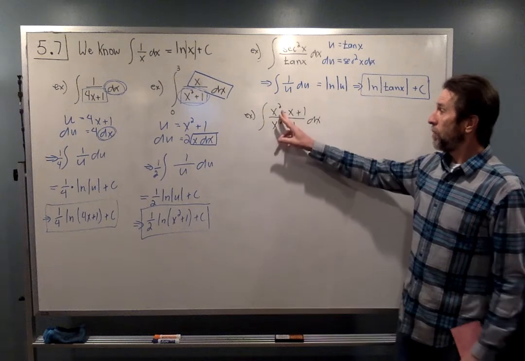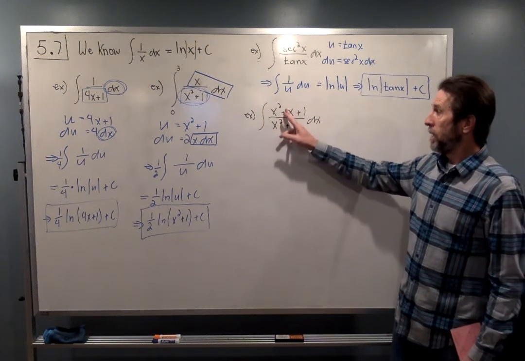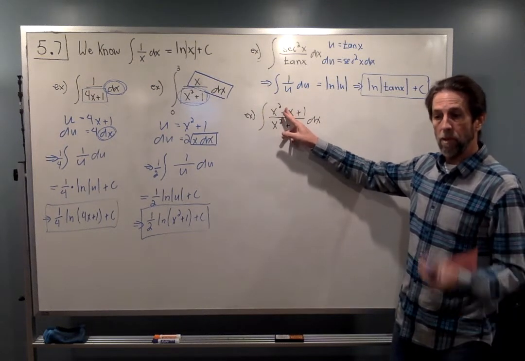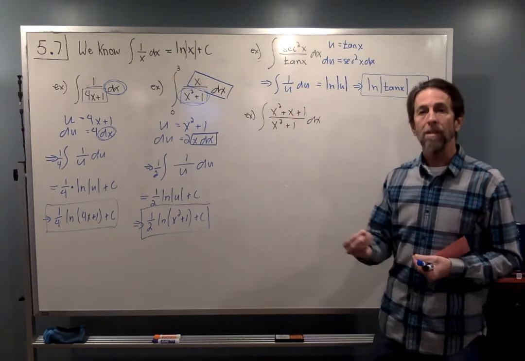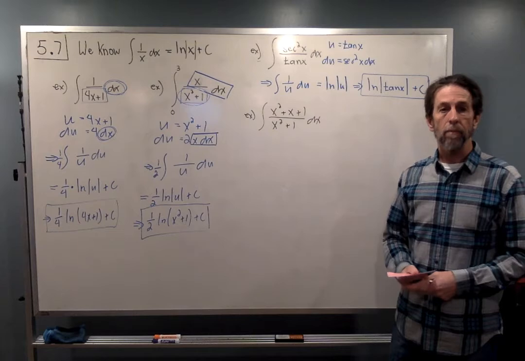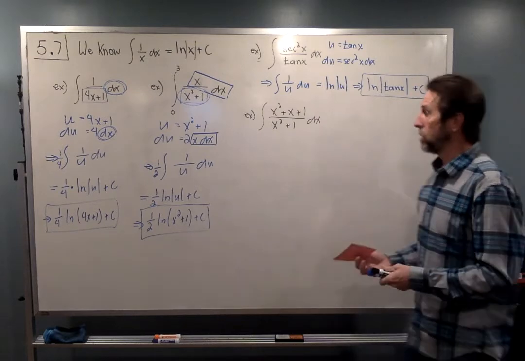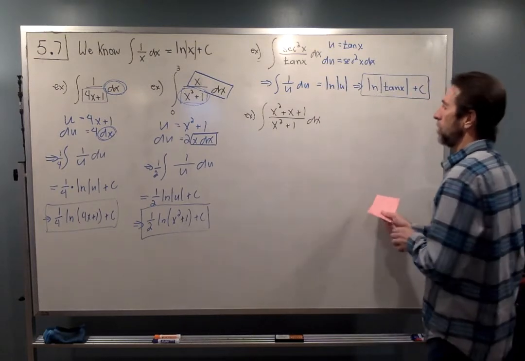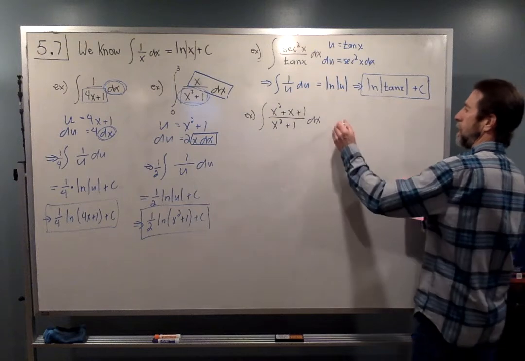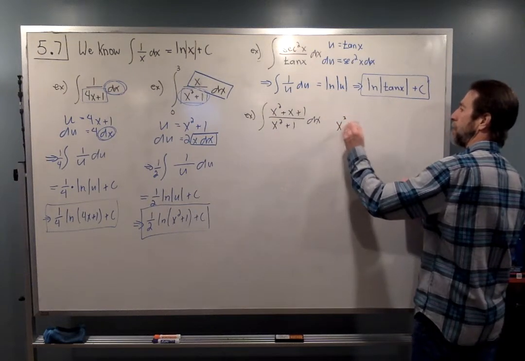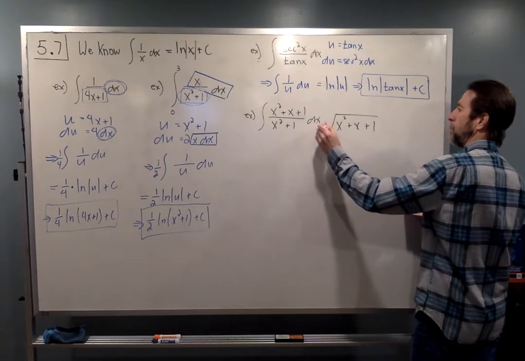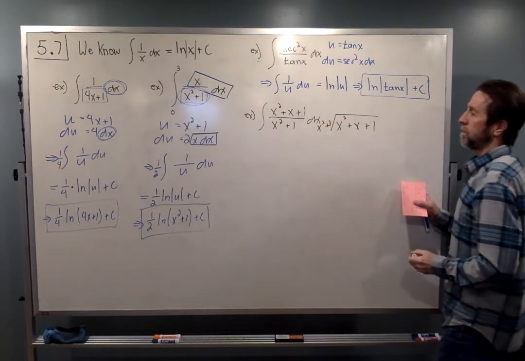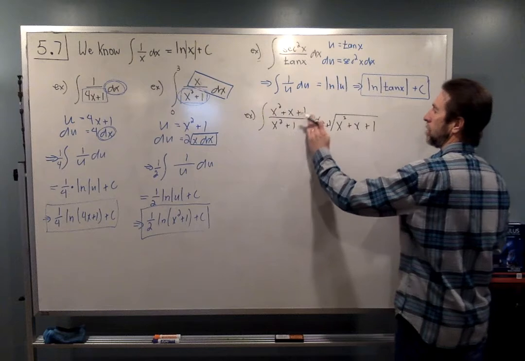But when we have a quotient and the numerator is equal or greater in degree than the denominator, long division will help us out. So I'm going to have to use long division. I basically take x squared plus x plus 1 and divide it by x squared plus 1.